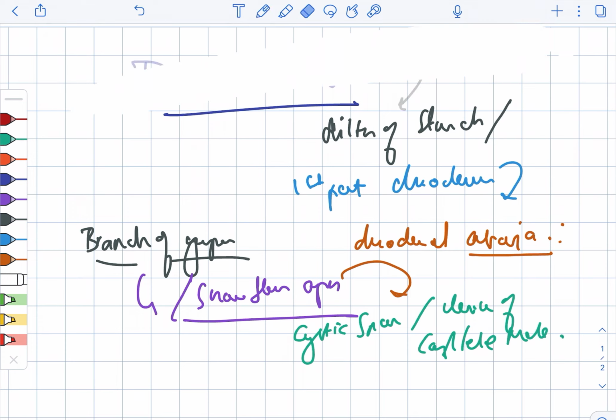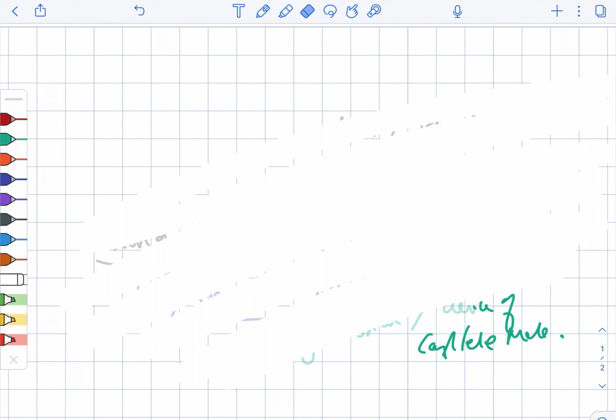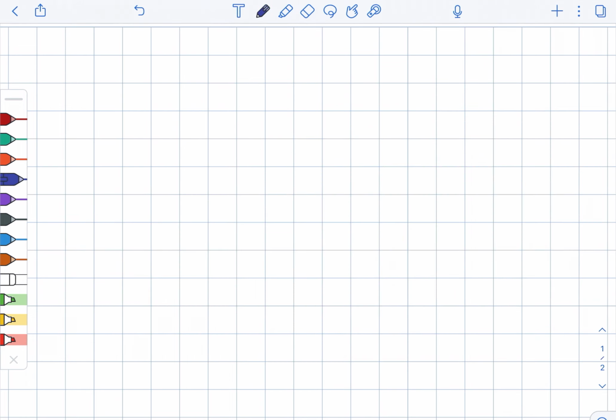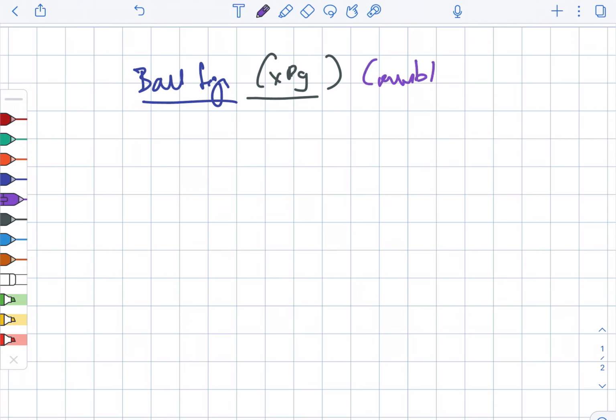Then we are looking at the ball sign. The ball sign is seen on X-ray, and it is nothing but the crumbled spine and the fetus seen in case of IUD, intrauterine death.